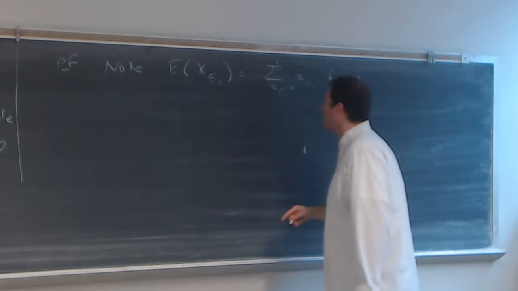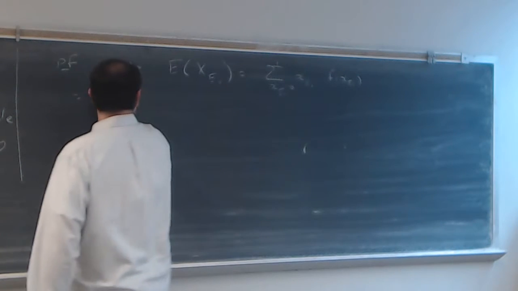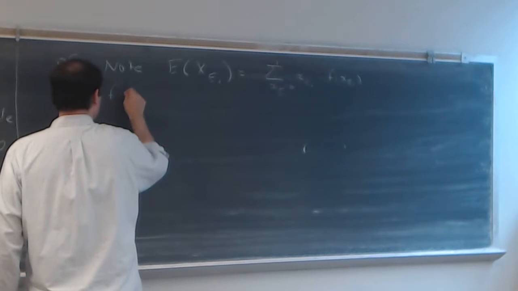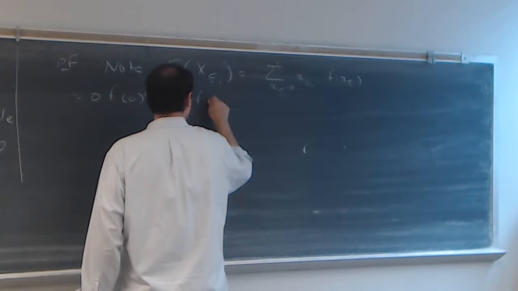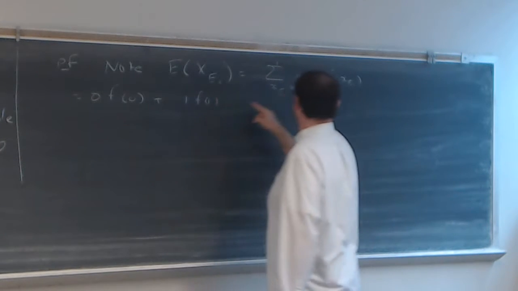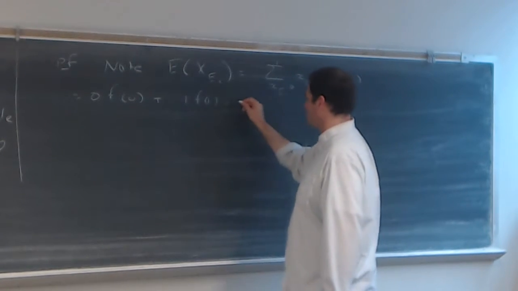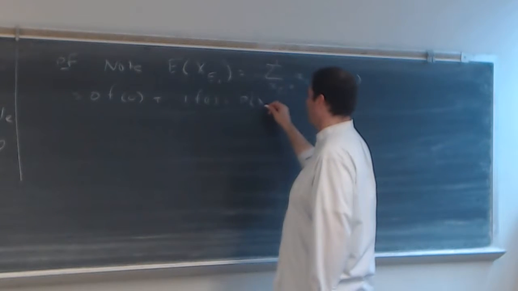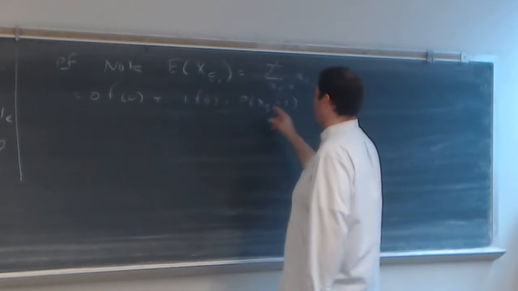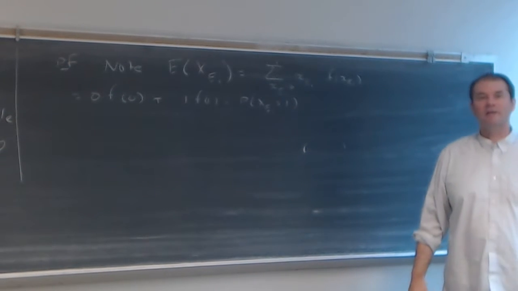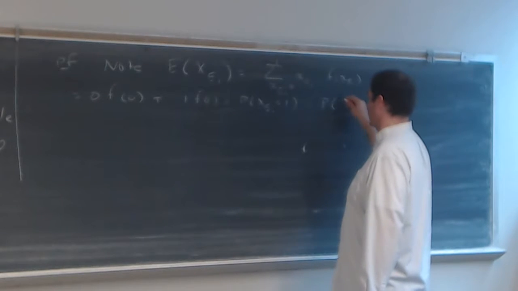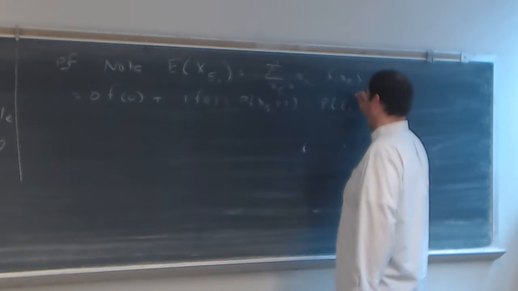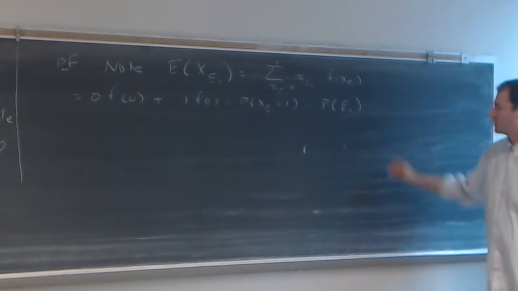But here, the output values are 0 or 1. And so, very quickly, this is 0 times f of 0 plus 1 times f of 1. But what is f of 1? That's the probability that X of E sub 1 equals 1. But when does X of E sub 1 equal 1? It equals 1 when E sub 1 occurs. So that's the same thing as the chance that E sub 1 happened. And so that's how we get the result.